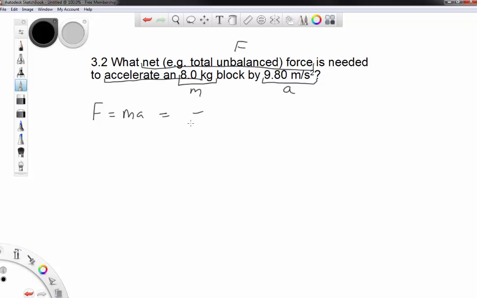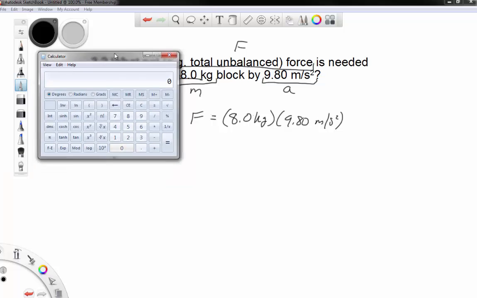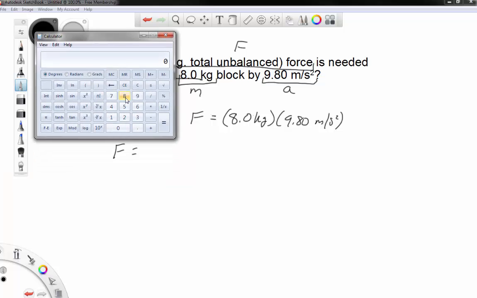So we would write F is equal to 8.0 kilograms times 9.80 meters per second squared. So that's going to give us F equals, let's use our calculator just to be safe, 8 times 9.8 gives us 78.4.